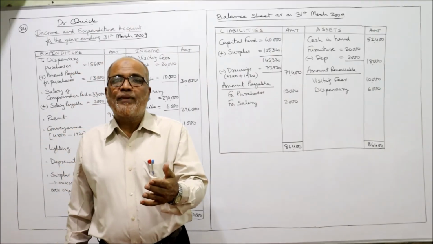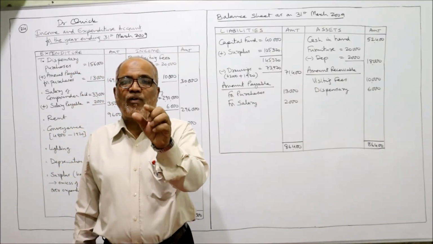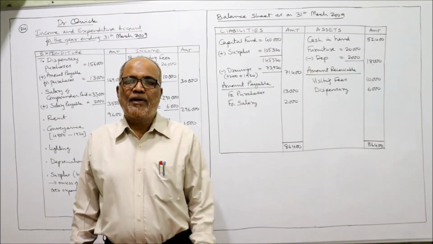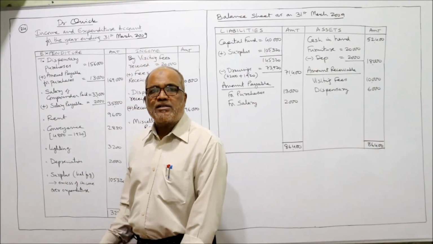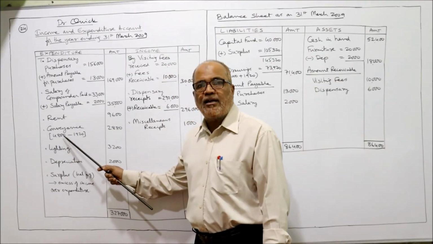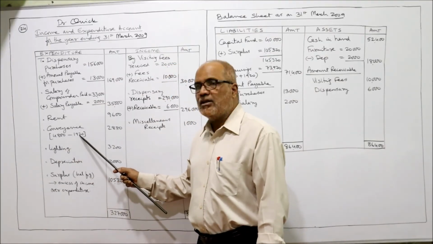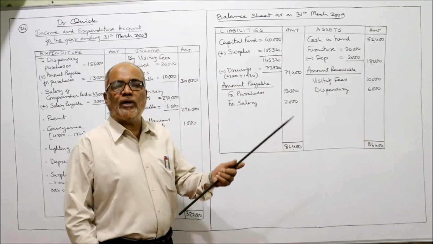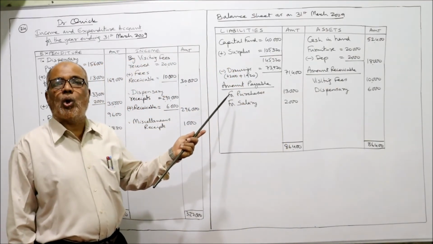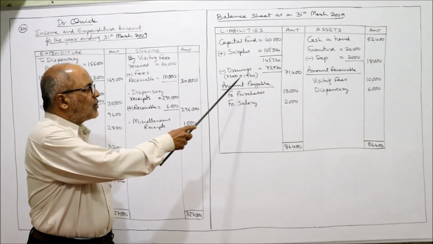Apart from that, the conveyance includes 40% domestic. So 40% of 4,800 comes to 1,920. So 1,920 is deducted, and that 1,920 will be added to drawings.